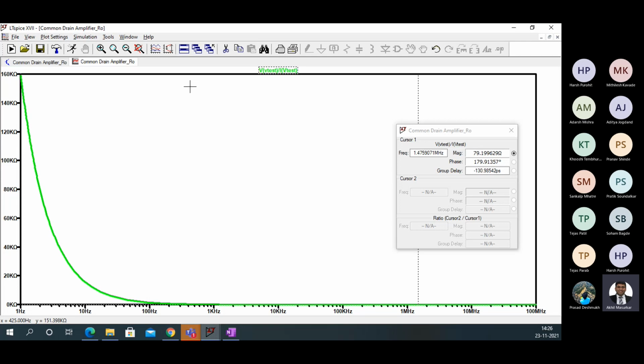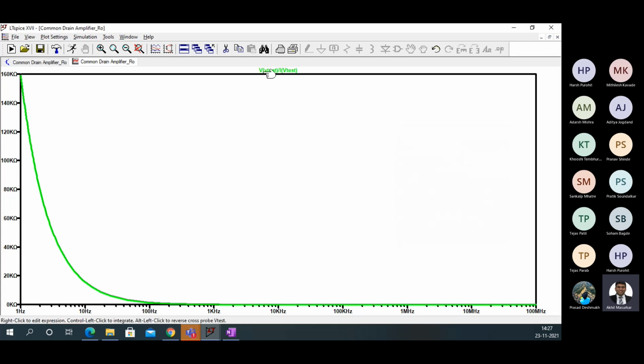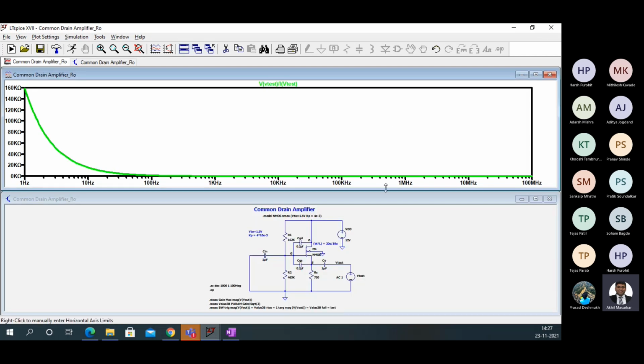So maximum power transfer does not take place, and for that to happen, you have to create something in between, and common drain amplifiers or source followers can actually do this. So this is the main use of the common drain amplifier.